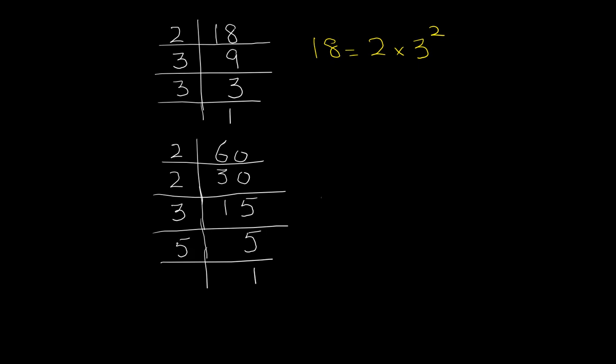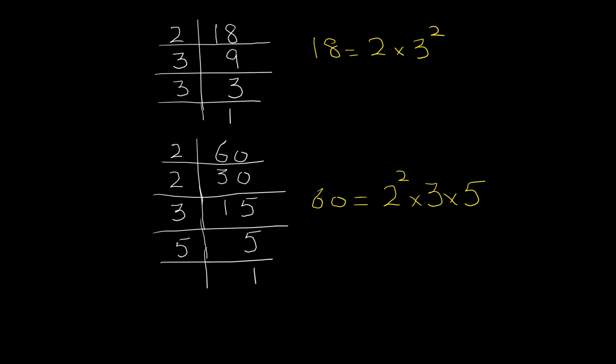So the prime factorization of 60 is 2 squared times 3 times 5. So this is how you can very easily calculate prime factors.